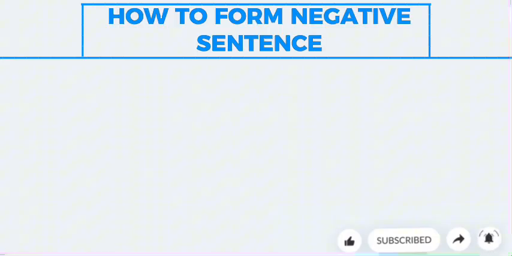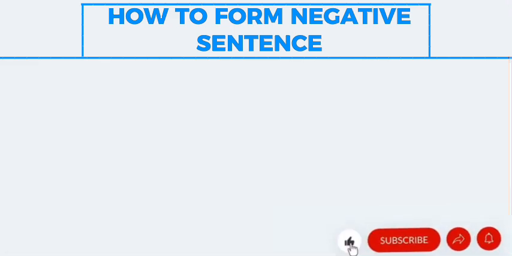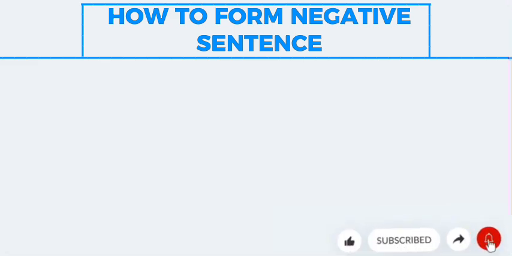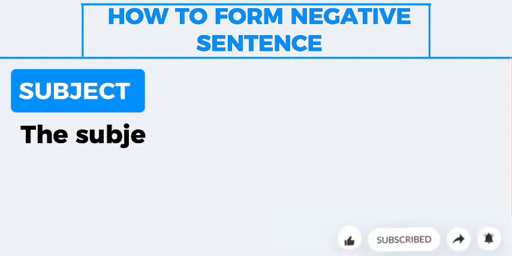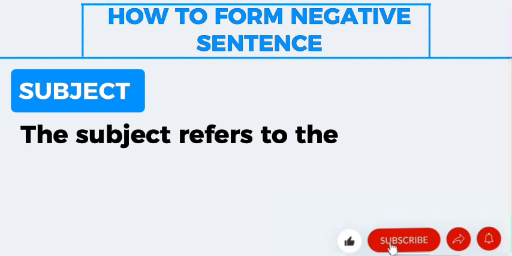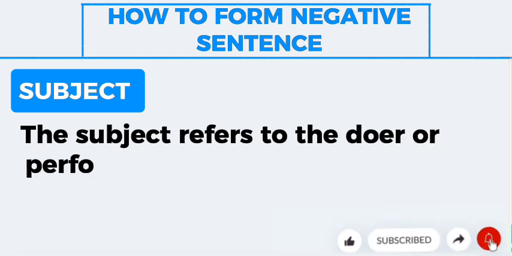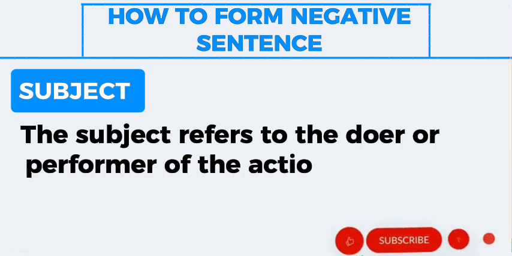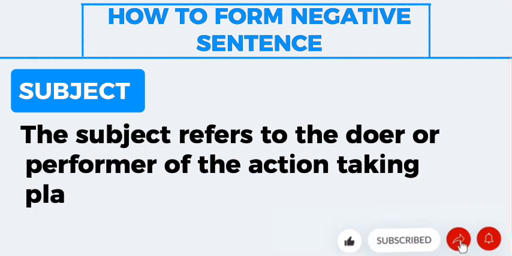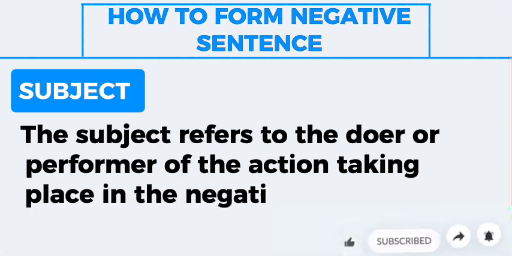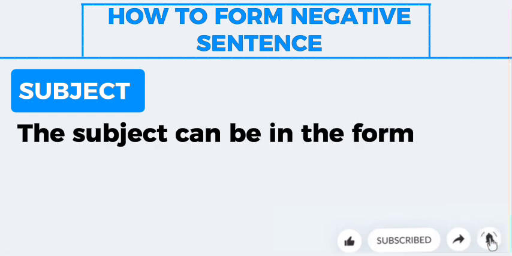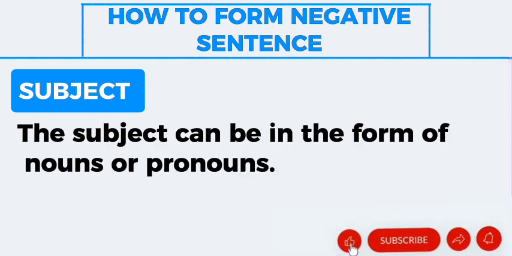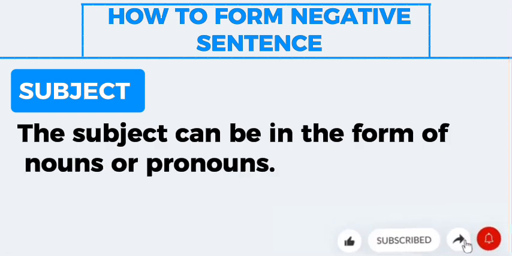Now let's discuss the components of the formula. And the first one we are going to be discussing is the subject. The subject refers to the doer or the performer of the action taking place in the negative sentence. The subject can be in the form of a noun or a pronoun.